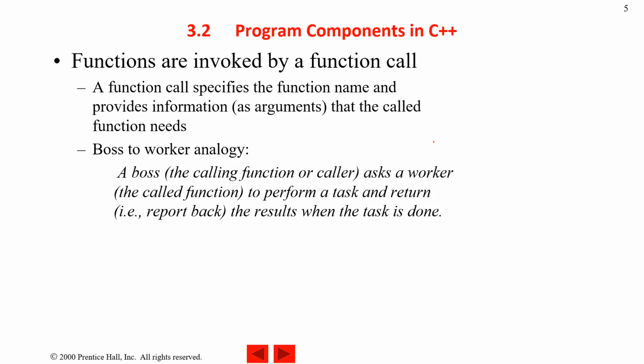If you recall, we've been writing int main with this bracket, and write whatever code we want. So this main itself is a function. What it tells us is that it's a function, its name is main, it does not take any parameter as input, and it returns something that is of data type integer.